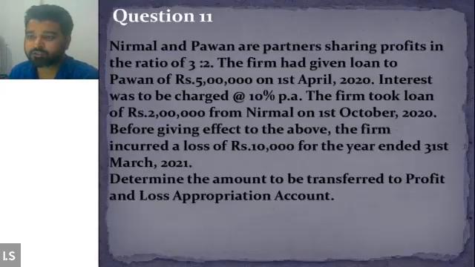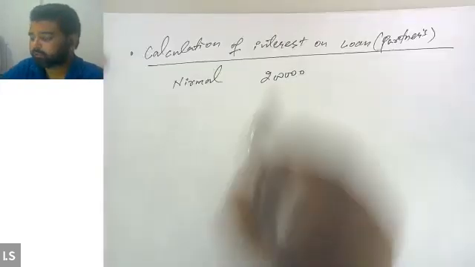And since there's nothing written in the question about what rate Nirmal will be paid interest on his loan, in such a situation, the rate of interest will be 6% per annum.